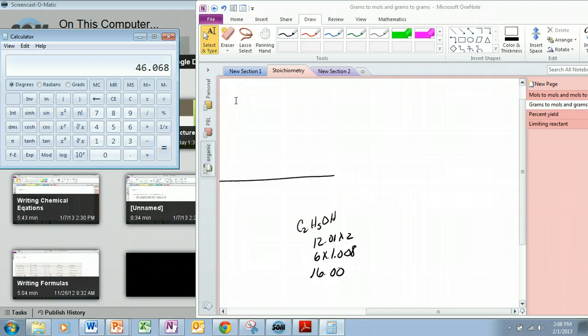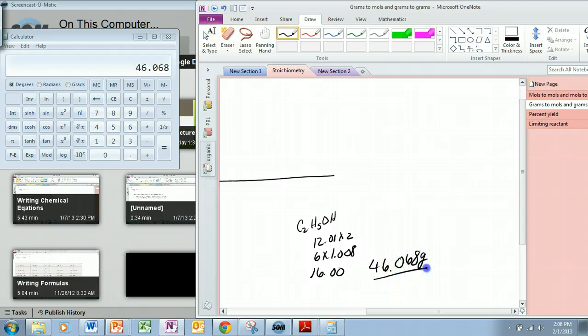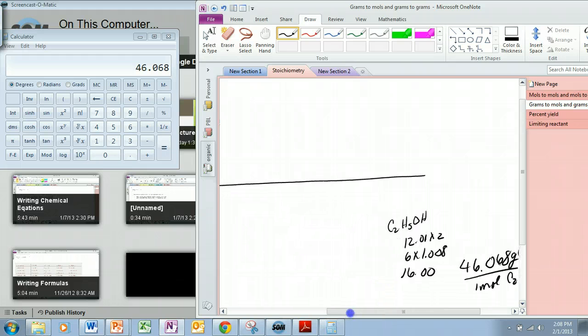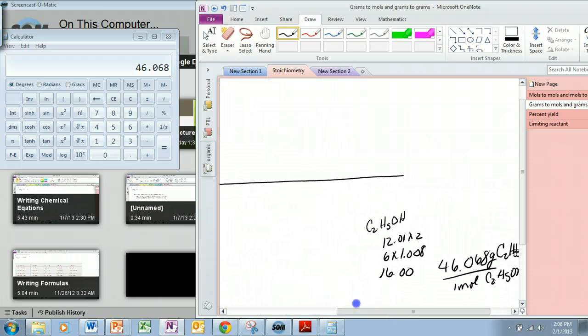And so for the molar mass for ethanol, I get 46.068 grams for 1 mole of C2H5OH. The other mass I'm going to need is carbon dioxide.